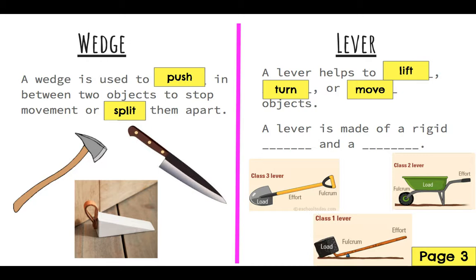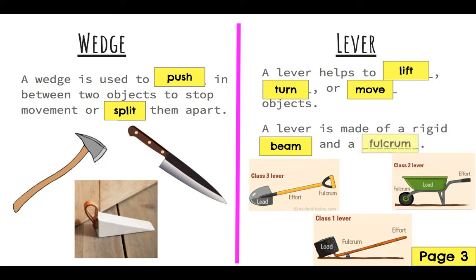Now, there's a very special component of a lever. All levers are made of the same things, the same parts. And those are a rigid beam, or a stiff, like a stick or a stiff rod, or some sort of hard, straight, stiff piece of whatever. We call that a beam.